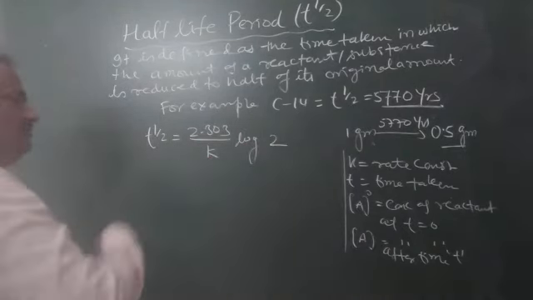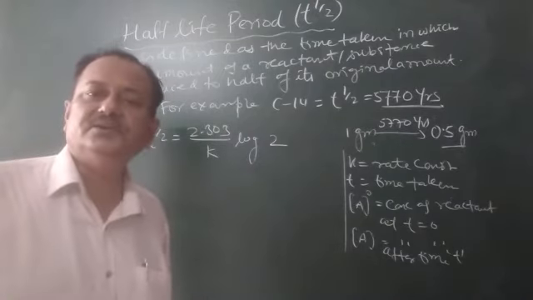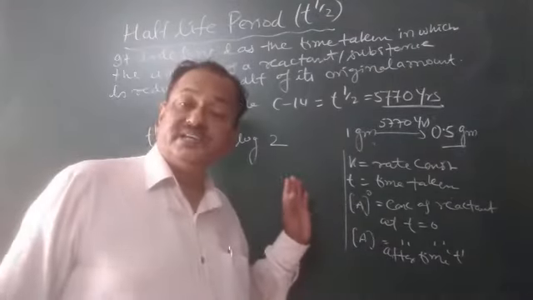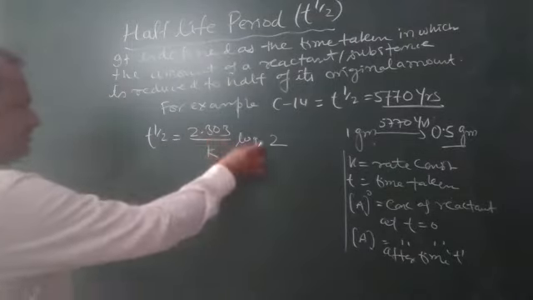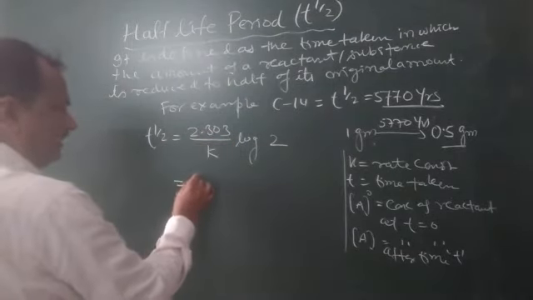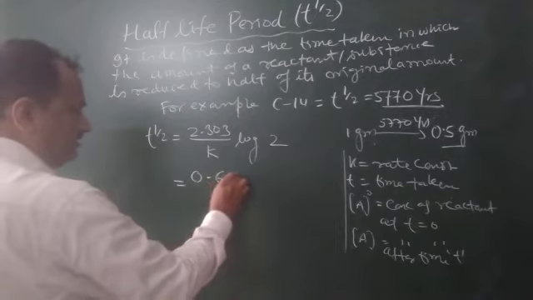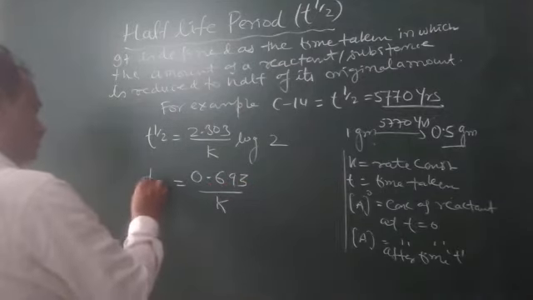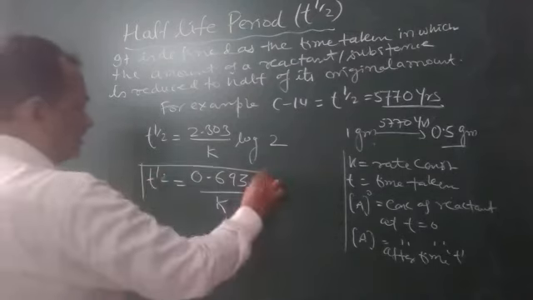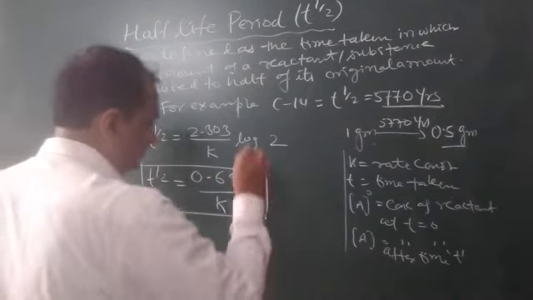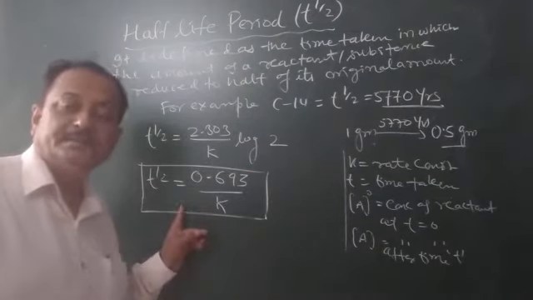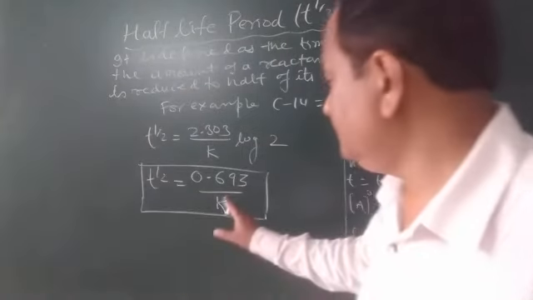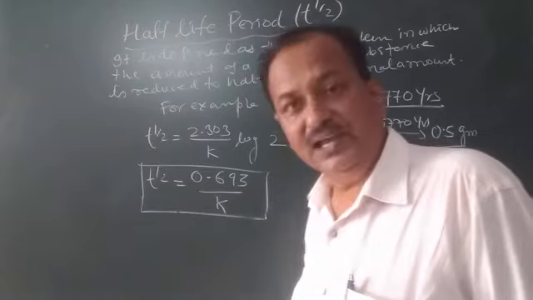And on solving we have 0.693 upon K, and this is the mathematical expression to find out the half-life period.